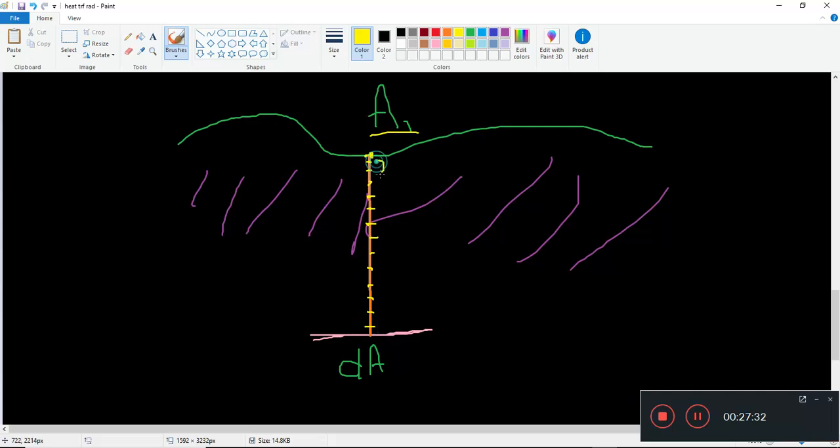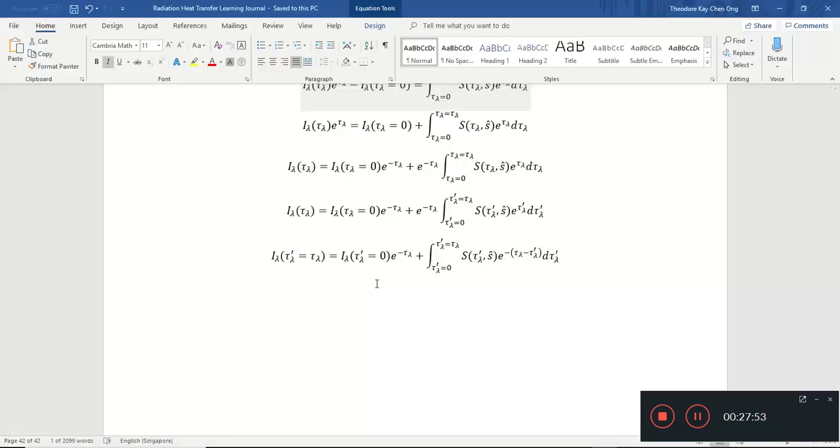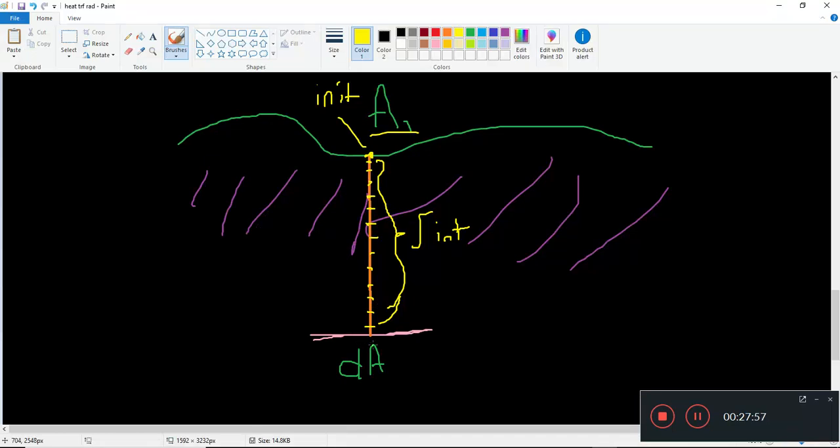So this is the integral, and this is the initial. It only tells you what the radiation from this direction is.